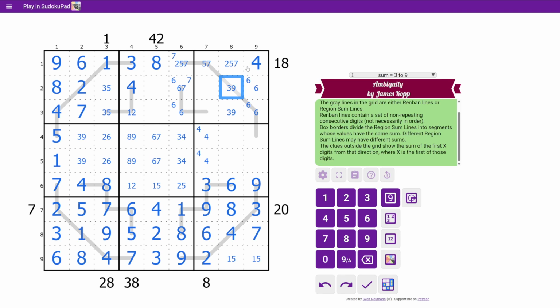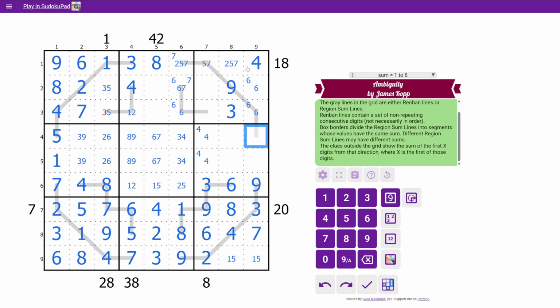If it was a 3, it would have to have a 4, and that is not possible, because the 4 sees every other part of the line that's already in the corner up there. So this is a 9, and it's going to go all the way down to 5.